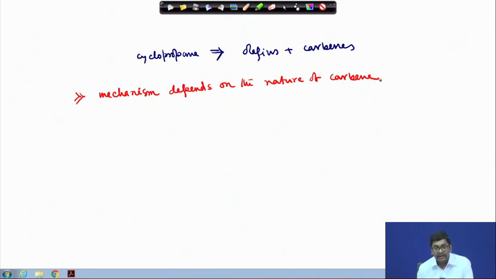I mean, the carbene that we generated, whether it is singlet or triplet, obviously we can measure spectroscopically. Okay. I have earlier also suggested the method by which you can identify whether the carbene is singlet or triplet.